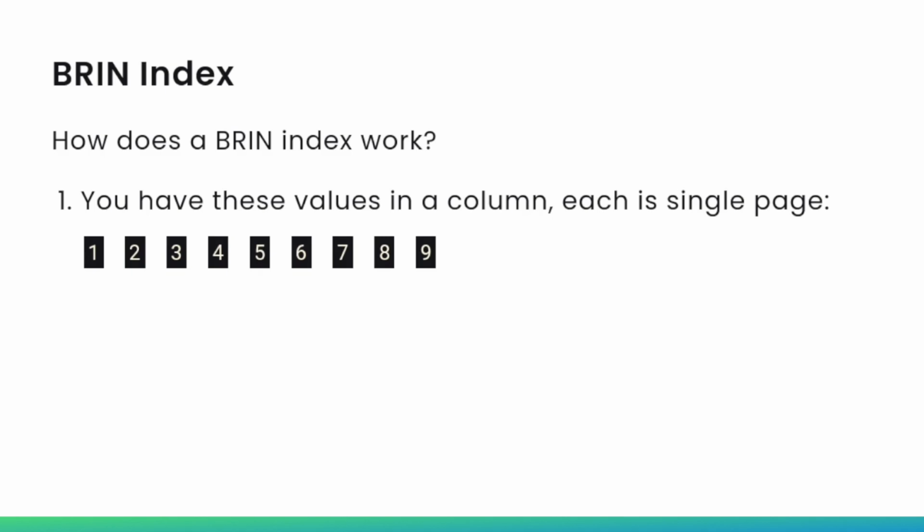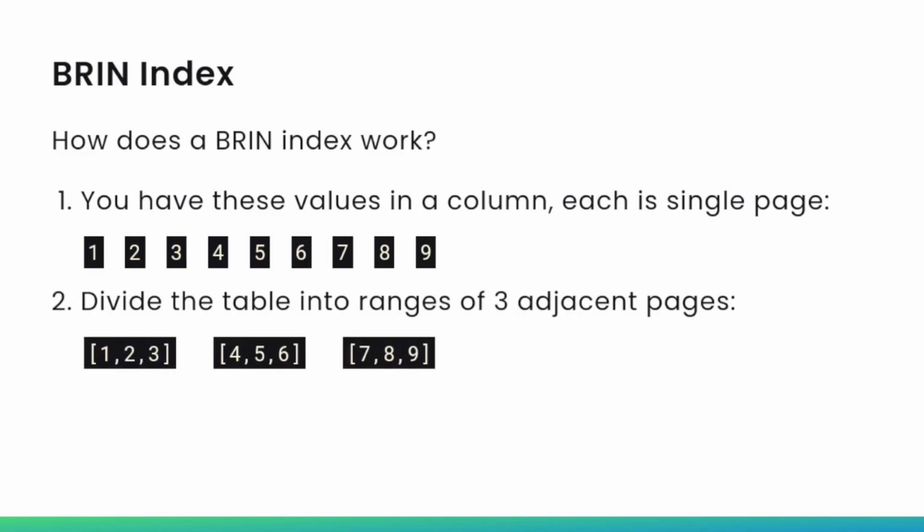So we have 1 through 9. The next step in the block range index is to divide the range into ranges of adjacent pages. Adjacent pages are pages that are next to each other. So basically, I just took 3 adjacent pages and grouped them together. You see, 1, 2, 3, that's one group, 4, 5, 6, second group, 7, 8, 9, that's the third group.